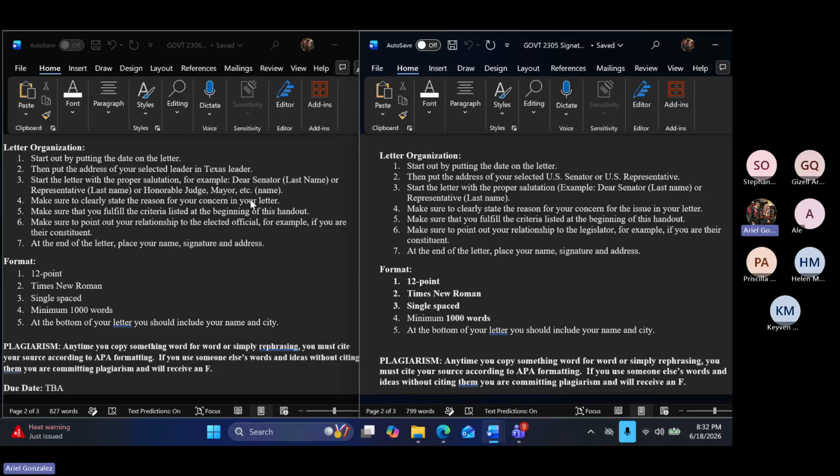Make sure to clearly state the reason for your concern in your letter, because since we are simulating this, let's say the letter gets to the selected official. Let's say they've got other letters to get to, provided that they do respond to letters. Then they have to get through your letter very quickly.